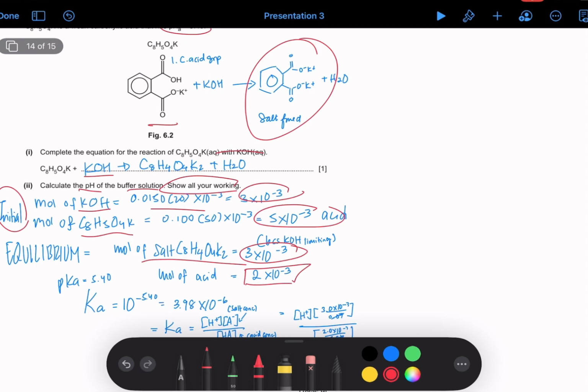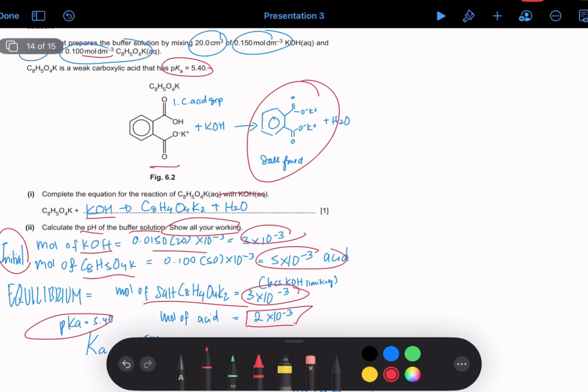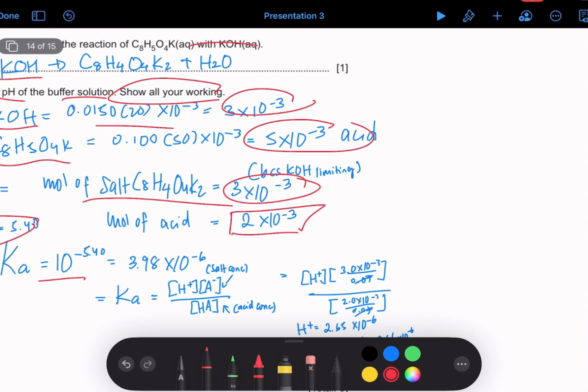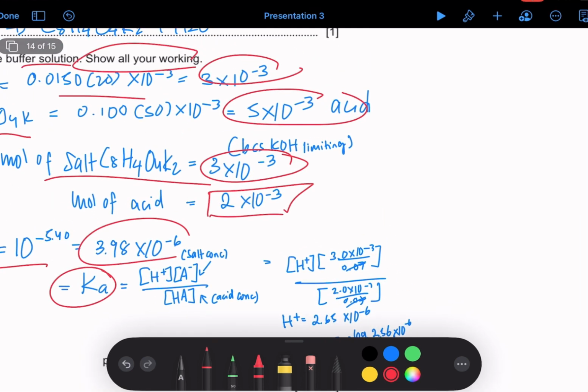Alright, so what is your pKa? pKa is 5.4, and we can get the anti-log for this. So 10 to the power of negative 5.4. So this would be your Ka. So what is the formula for Ka? Ka is your H plus times the salt concentration over the acid concentration.